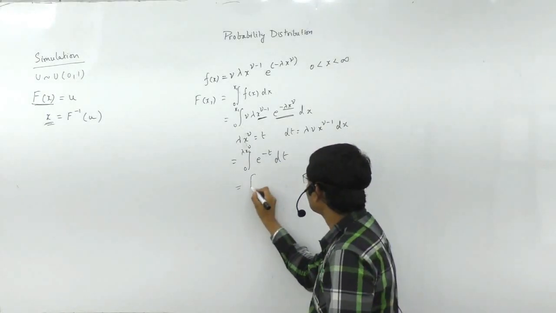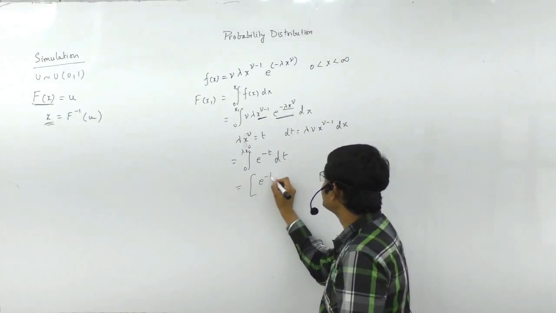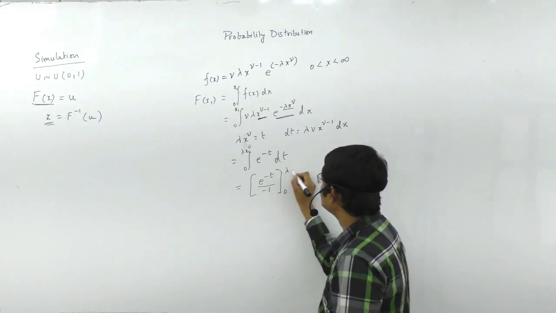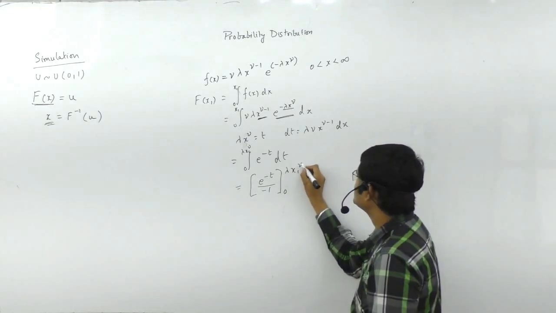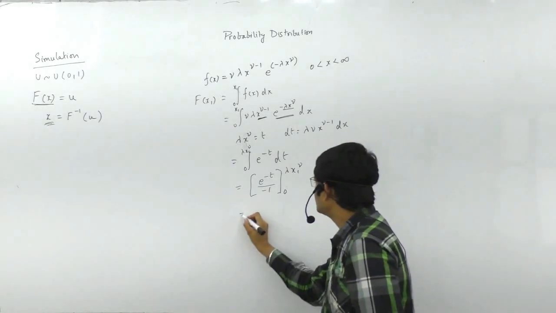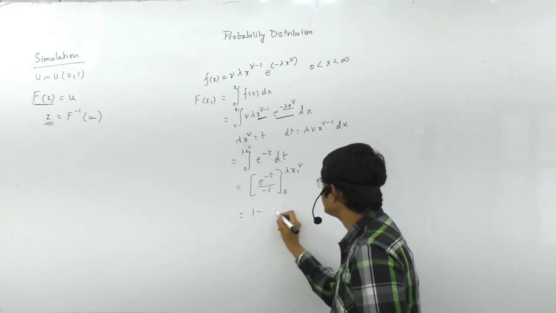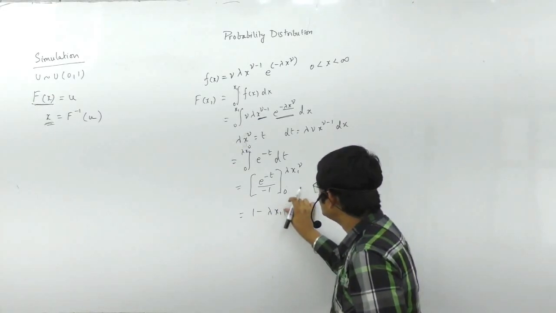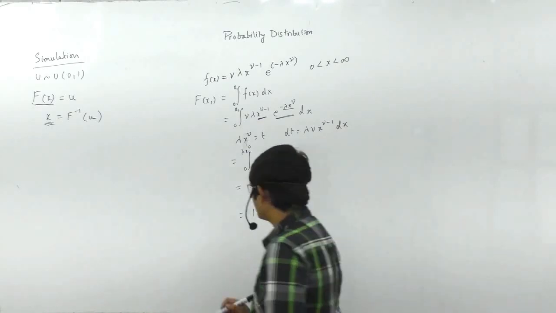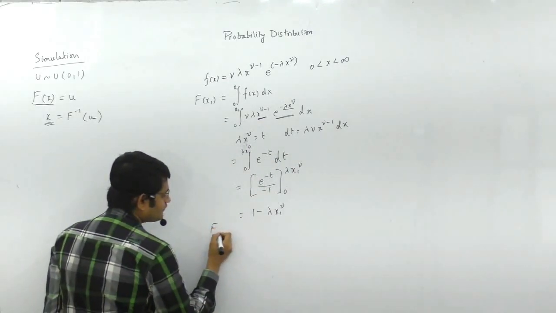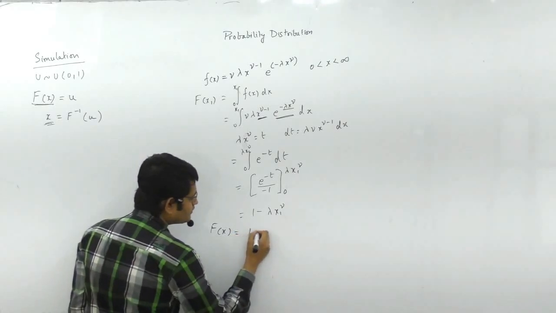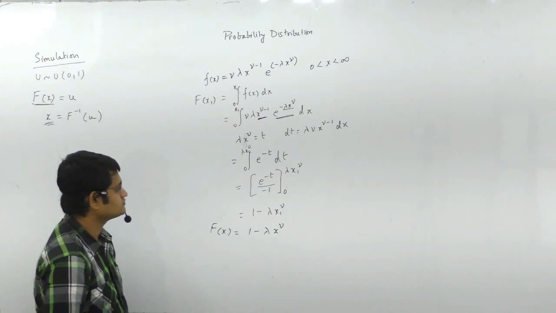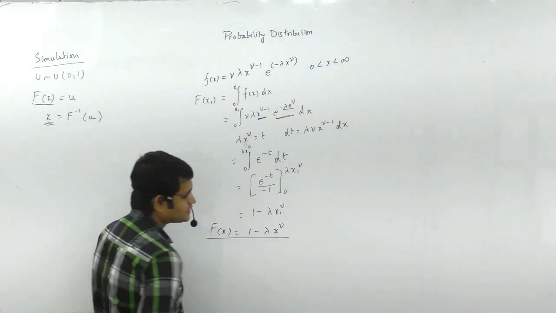This will be e raised to minus t upon minus 1, from 0 to lambda x1 raised to nu. So this becomes 1 minus e raised to minus lambda x1 raised to nu, where my fx is nothing but 1 minus e raised to minus lambda x raised to nu. This becomes our capital Fx.